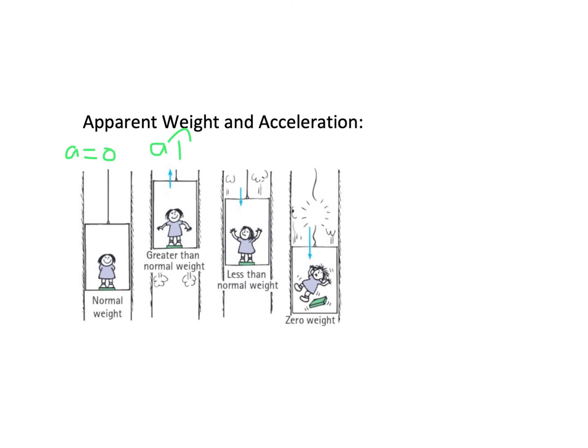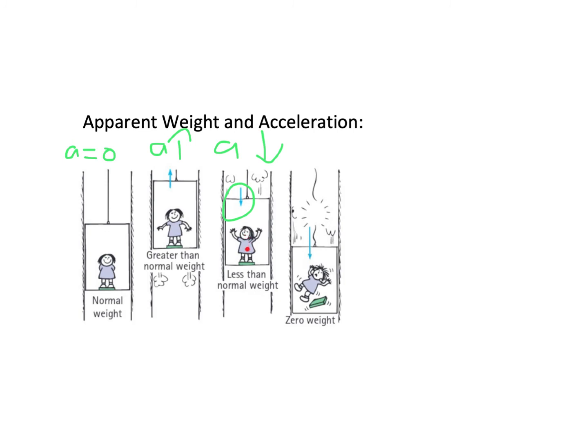Now, the reverse is true if the acceleration is downward. If the acceleration is pointing downward, and you can see here there's a little blue arrow also reminding us of that, what's happening is the elevator and the scale are actually accelerating out from underneath your feet. And so you feel less weight than you would if it were standing still.